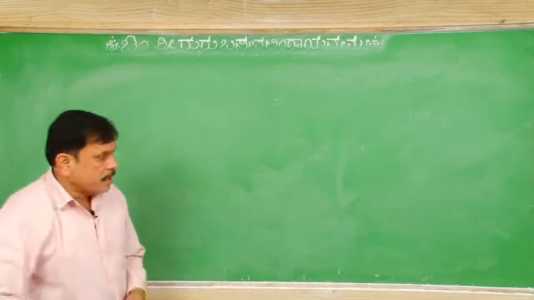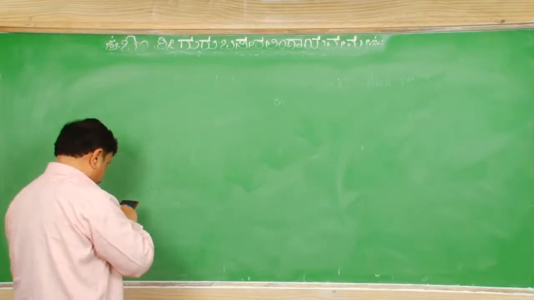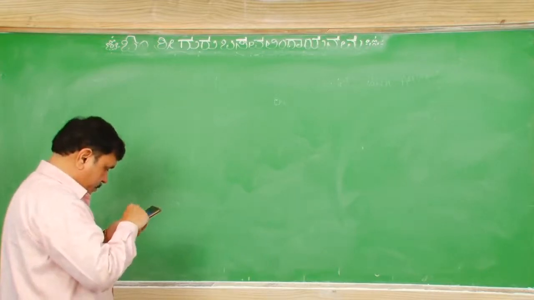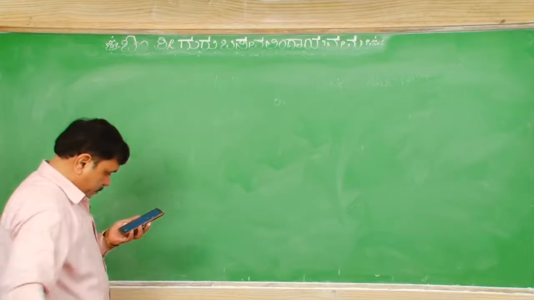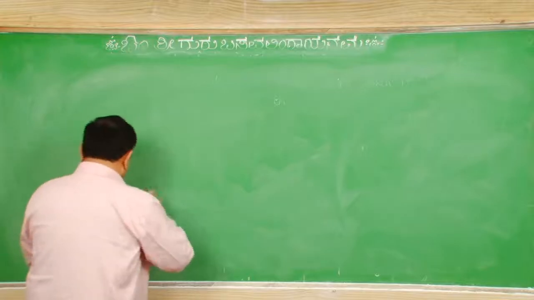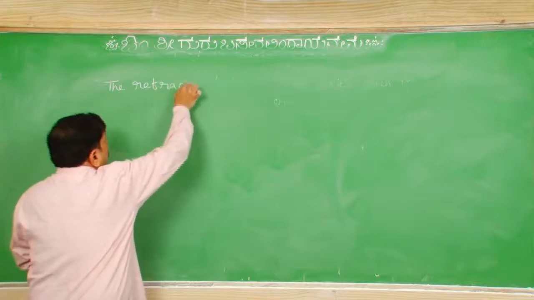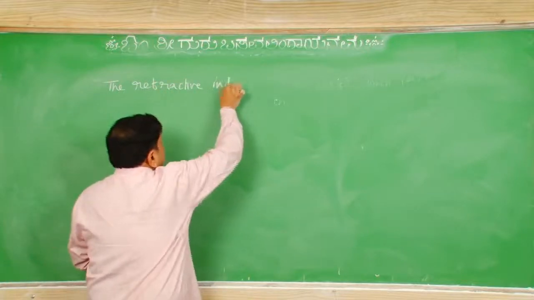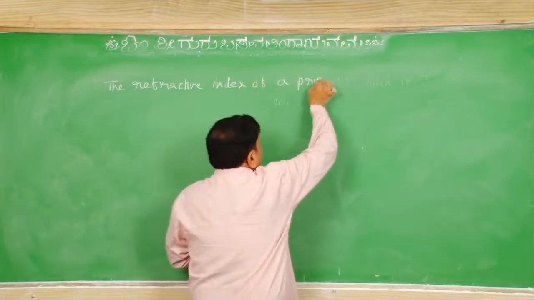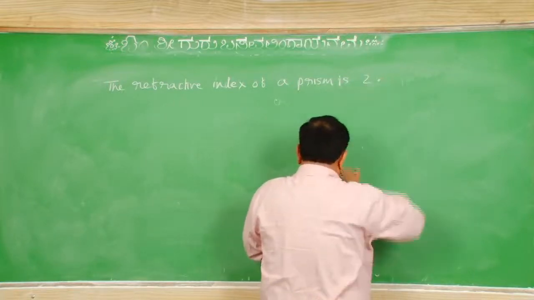Now let's go for the next question. The refractive index of a prism is 2.